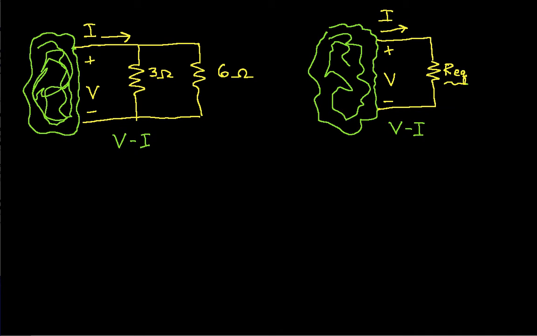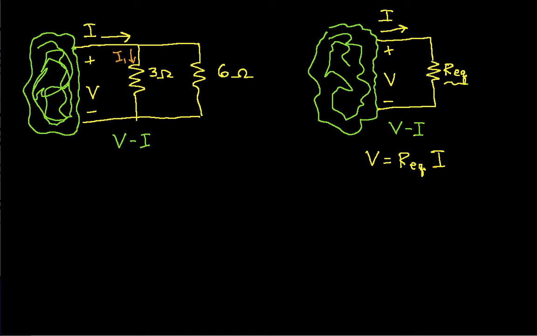Okay, so if I look at the equivalent resistance, the relationship between voltage and current is given by Ohm's law, V is R i. Now, I need to find a similar relationship for the parallel resistors, and this is actually going to be a little bit tricky. So we'll actually have to do some algebra to get this. So bear with me. It's good for your soul.